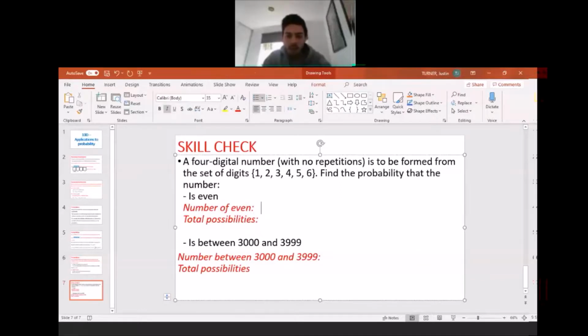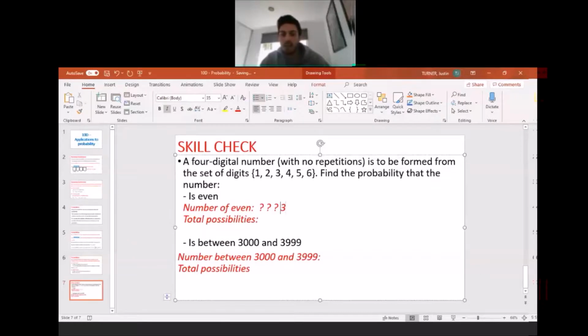So how many even numbers can we make? Well, it's got to be a 4-digit number, and if it's going to be even, the last digit has to be an even number. It doesn't matter what the first 3 digits are. For the last digit, we could have 2, 4, or 6, so there are 3 options.